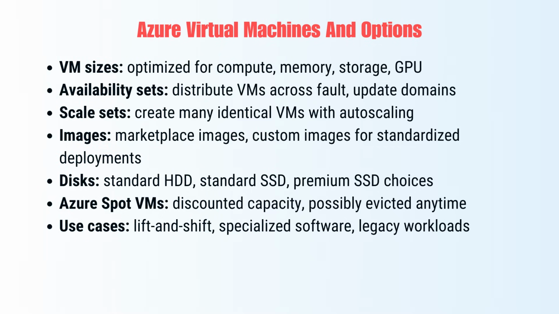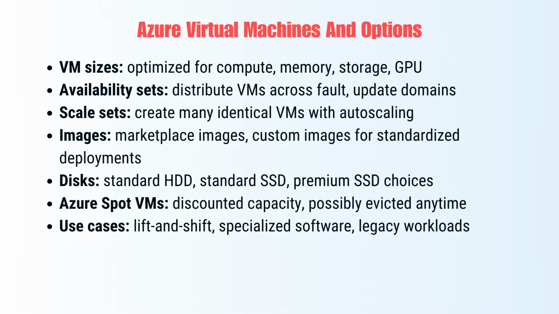You also choose a VM image, which is essentially the template for the operating system and pre-installed software. Azure Marketplace provides many images: Windows servers, various Linux distros, databases, and application stacks. You can also create custom images to standardize your deployments.